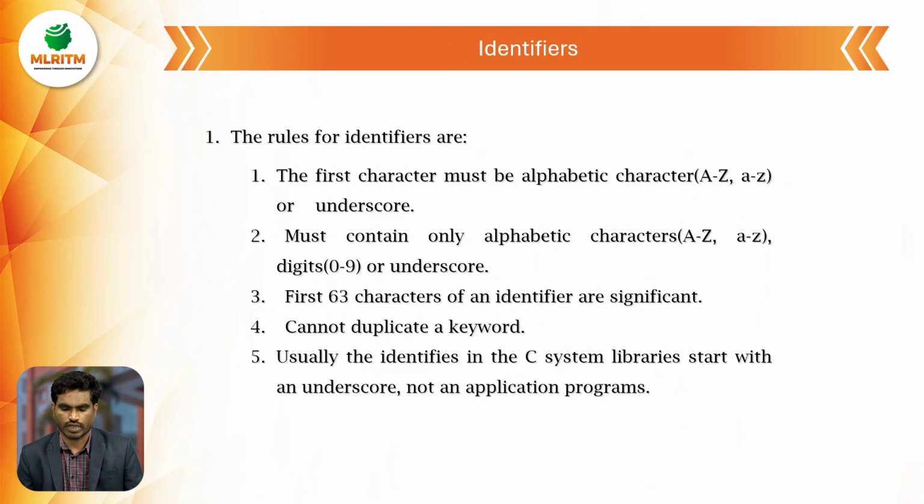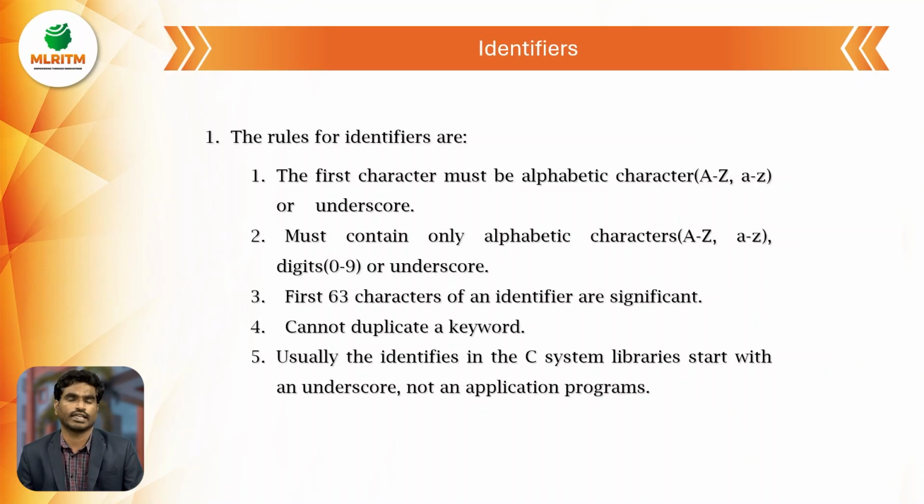Okay, next topic is identifiers. Identifiers refer to the names of variables, function names, and also the array names. Here we are following some rules. The rules for identifiers are: the first character must be an alphabet, that is A to Z. It must contain only alphabets, digits, and underscore.